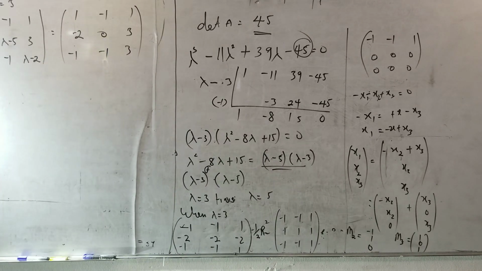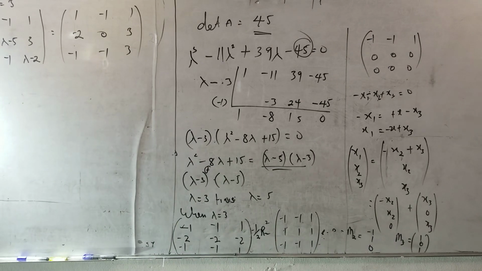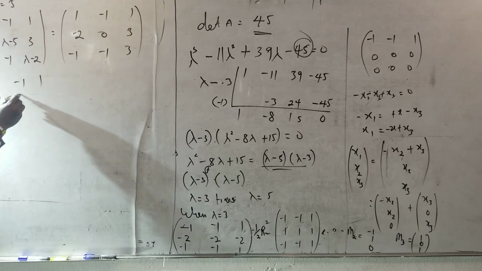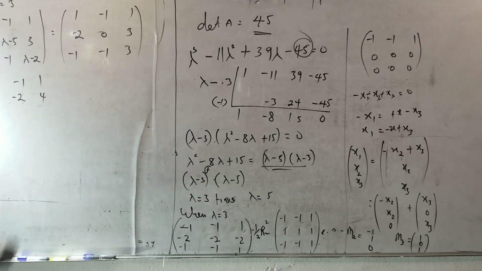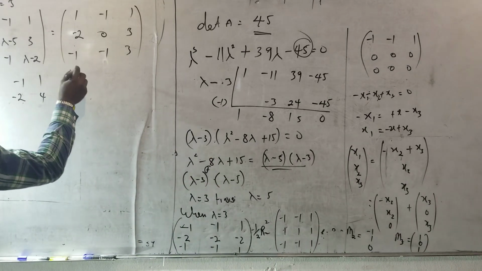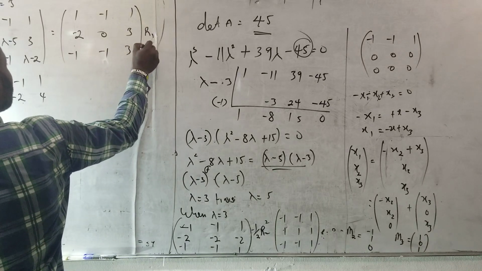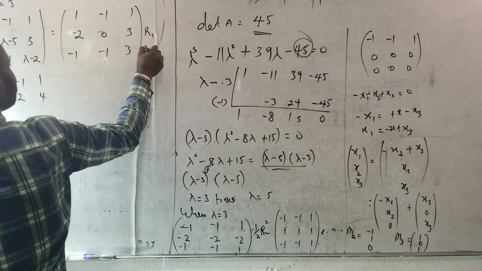Now I want to do the reduction of this. By reduction, I'll have minus 1, and I'll have 0, minus 2, and 4, which is going to be R2. I'm talking about R1, R2, R3.